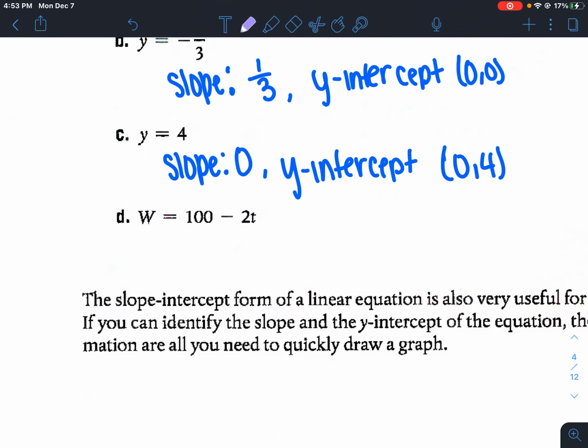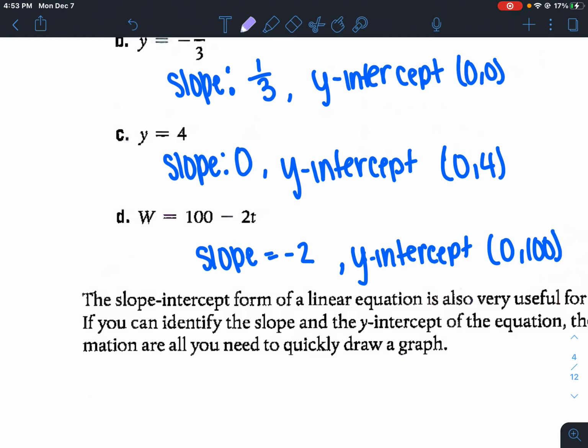And then for the last one, it's just written a little bit differently. Y equals b plus mx. Okay. So my slope is negative 2 because it's attached to the variable. And my starting value, or my y-intercept, is 0, 100.